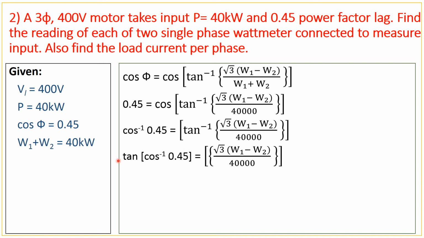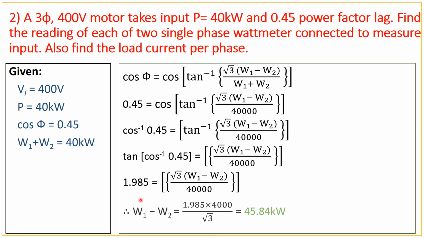So now apply this in calculator, you will get tan of cos inverse 0.45 as 1.985. So this value is equal to root 3 W1 minus W2 by 40,000. So now what is W1 minus W2? You have to multiply this with LHS and divide this with LHS.